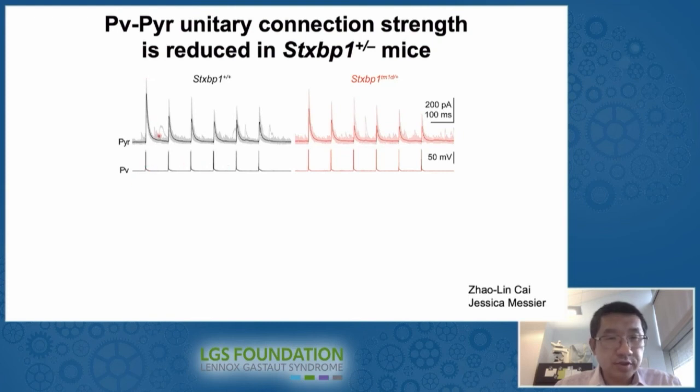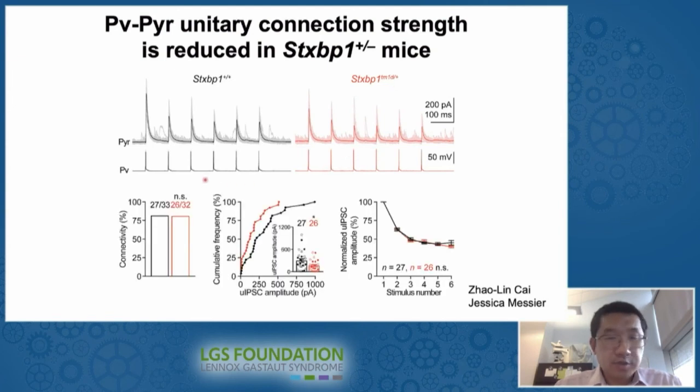And then you can see these robust postsynaptic IPSCs, right? When you do this for both the wild type and the heterozygote constitutive knockouts, you observe that the connectivity, or the probability for you to detect this connection, is quite similar between the two genotypes, meaning the parvalbumin interneuron is still making the same number of connections to the postsynaptic targets in the mutant animal as in the controls.